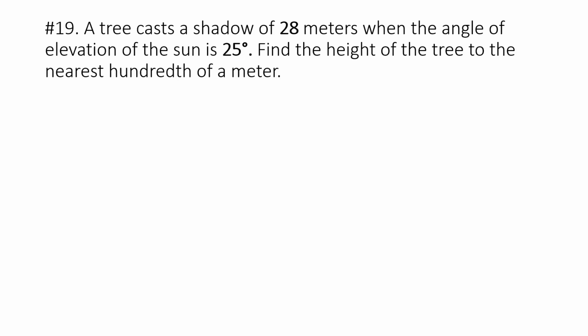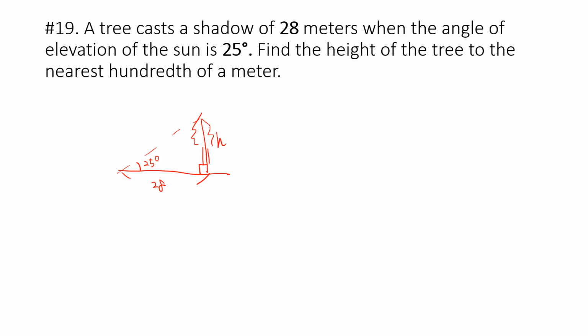A tree casts a shadow of 28 meters when the angle of elevation of the sun is 25 degrees. Find the height of the tree to the nearest hundredth of a meter. Okay, so I'm going to draw the picture. This is a tree, and this is a shadow. This looks like a right triangle, right? And the shadow distance is 28. Elevation means you look up, and this is 25 degrees.